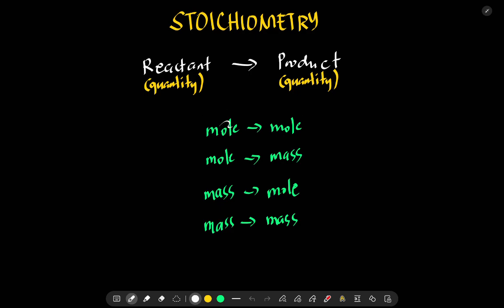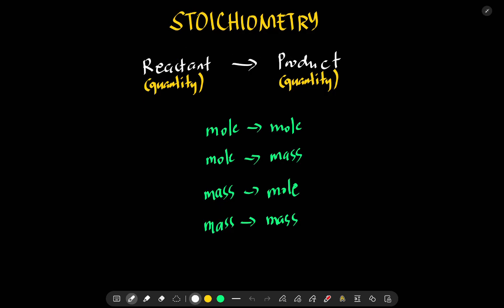In my face-to-face class, I already discussed how to convert mole into mass of a certain compound or substance. Now, what I'm going to discuss is the relationship between a particular substance in a chemical reaction, particularly the reactant and the product.